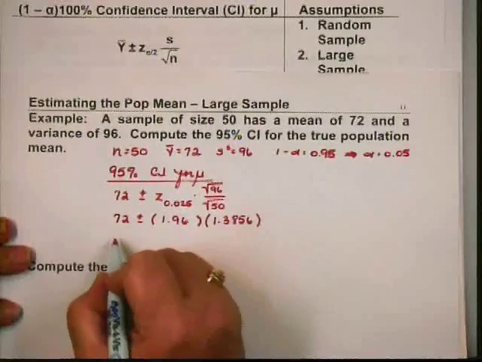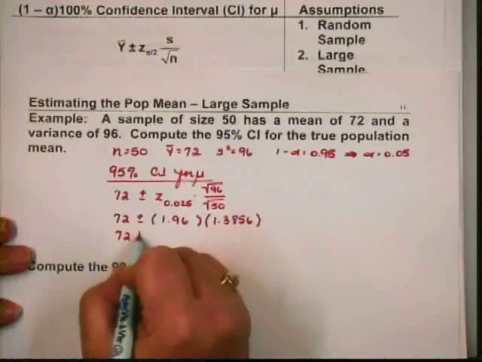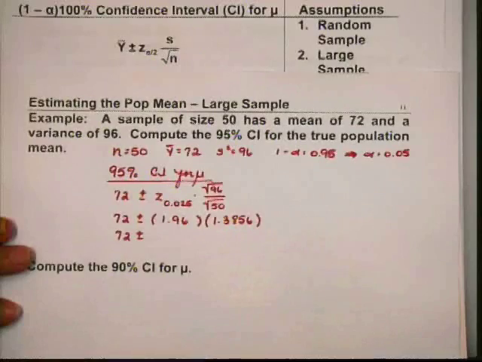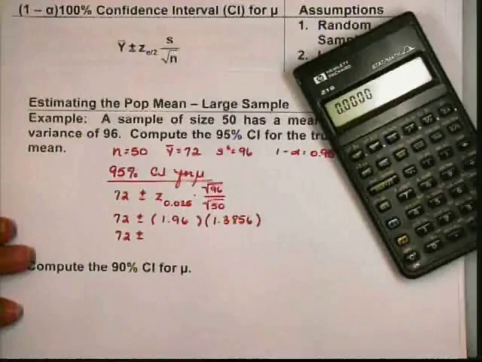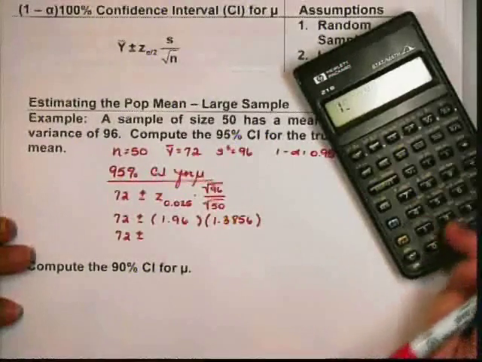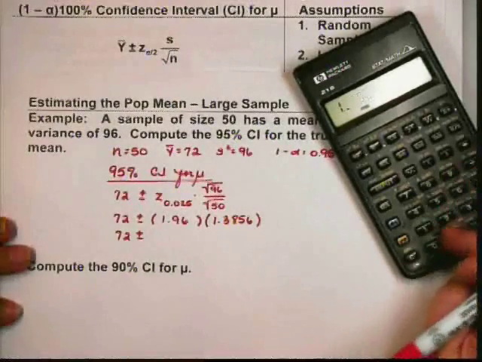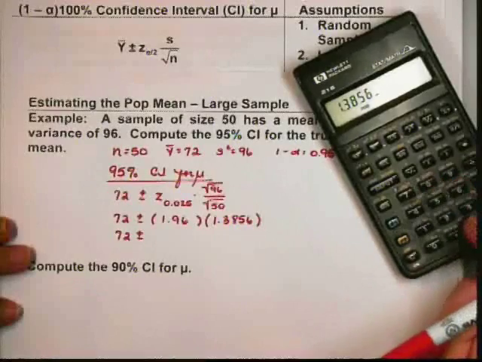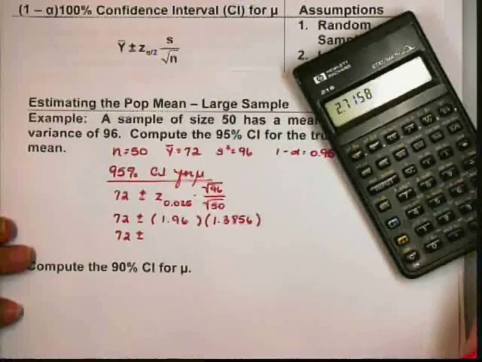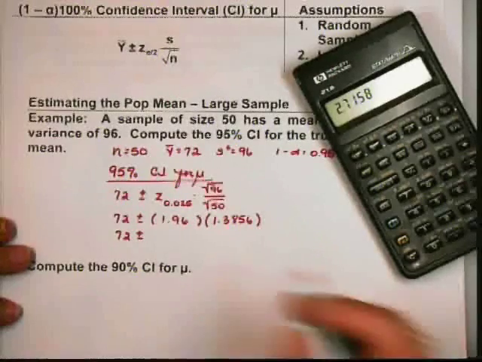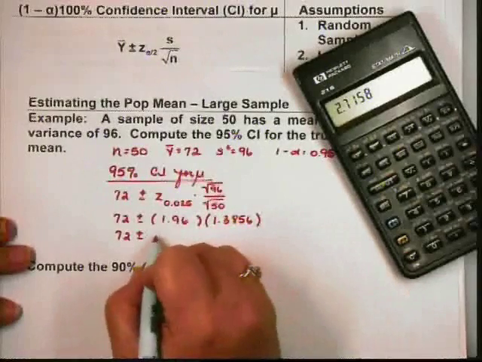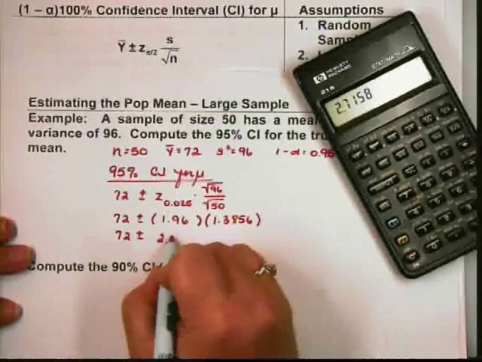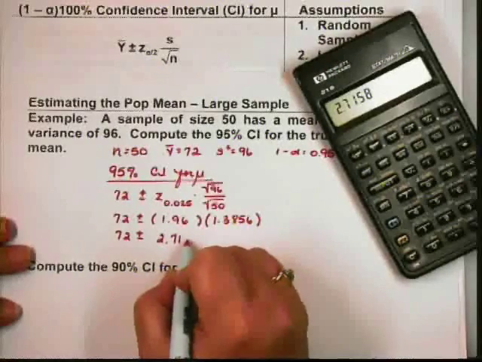So that means we're going to have 72 plus or minus 2.7158. If you let your calculator keep extra decimal places there, you may get 2.7159 or so.